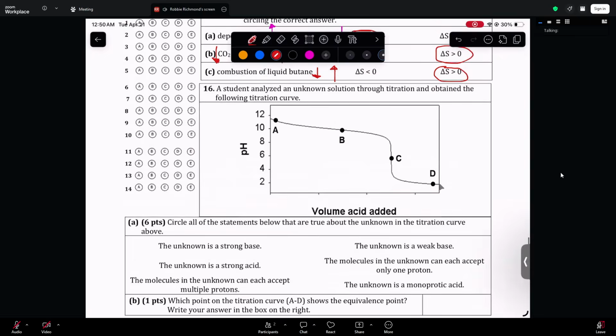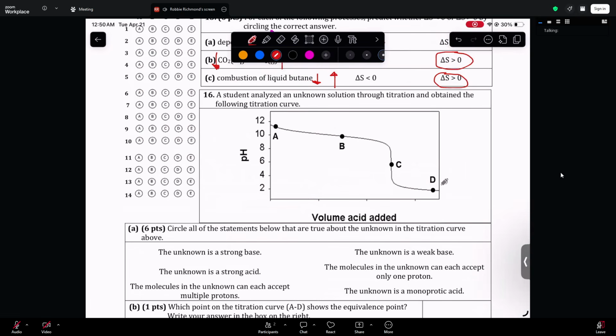Question 16, this is one of our titration curves, and just by this it is going to be a weak base as our unknown, just because we're starting at a high pH value, and it also has this little dip in the beginning. Just to break this down, this is the initial point.